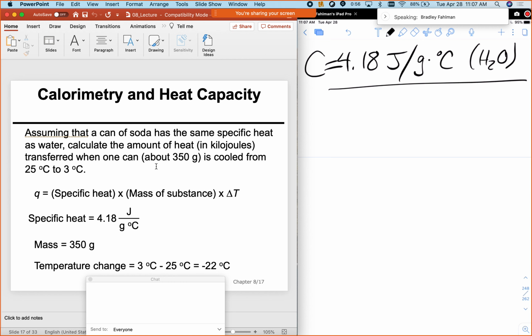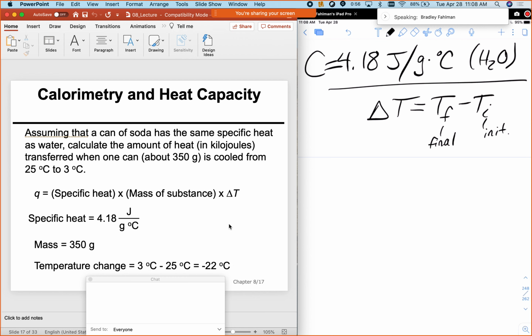The temperature change is always going to be final minus initial. So the final temperature is 3 degrees Celsius minus 25. In this case, you're going to have a negative value for this delta T.